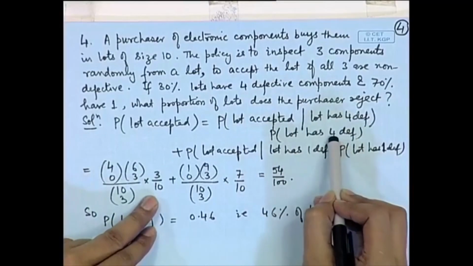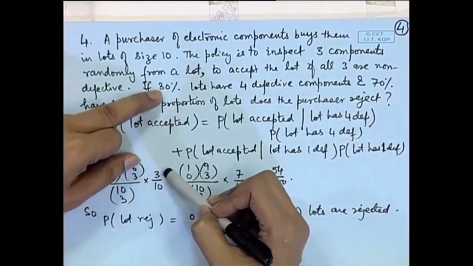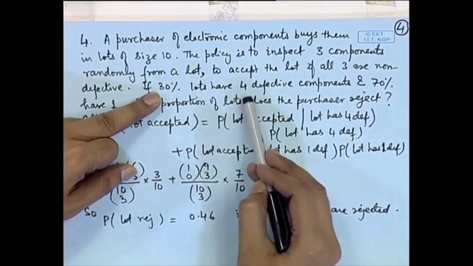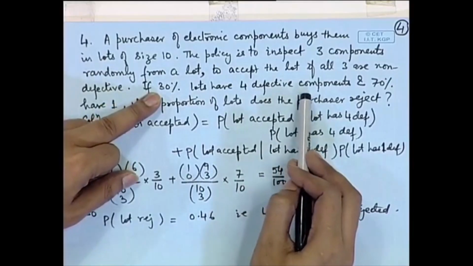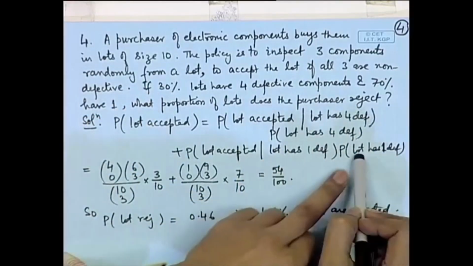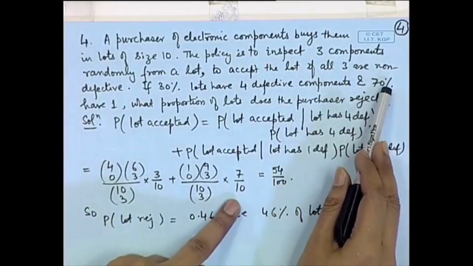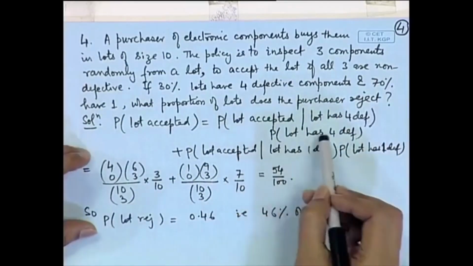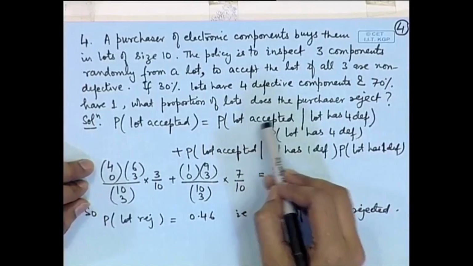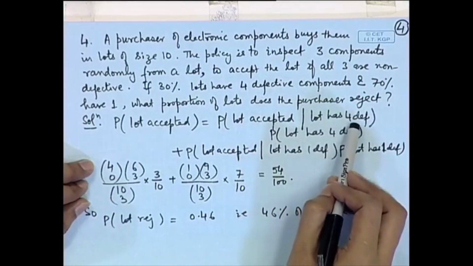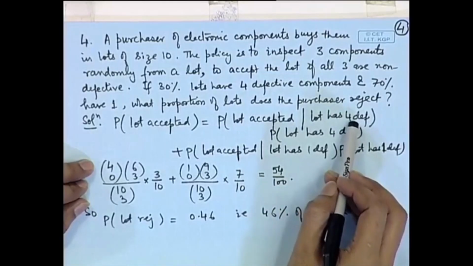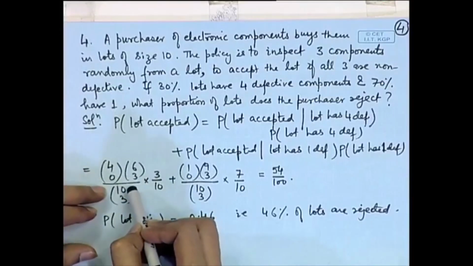The probability that the lot has 4 defectives is 0.3, because 30% of the lots have 4 defective components, and similarly the probability that the lot has 1 defective is 0.7. Now, what is the probability of the lot getting accepted if the lot has 4 defective items? The total number of items in the lot is 10, and we are selecting 3 randomly.